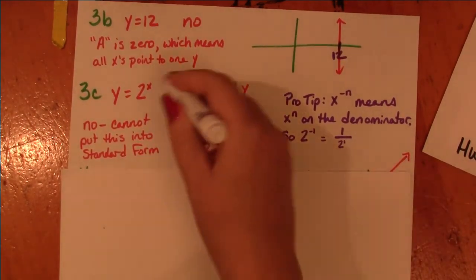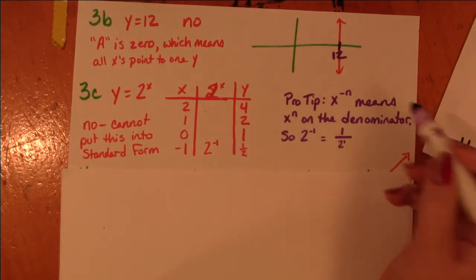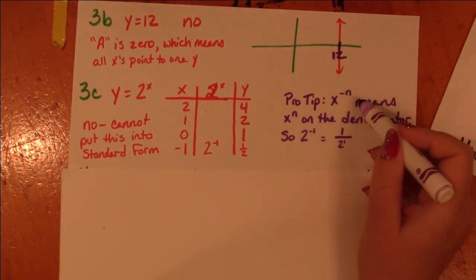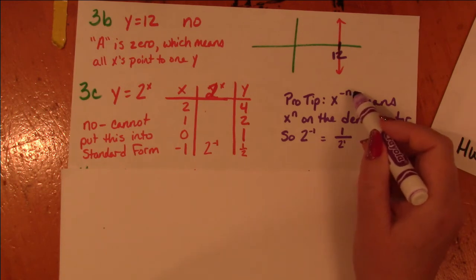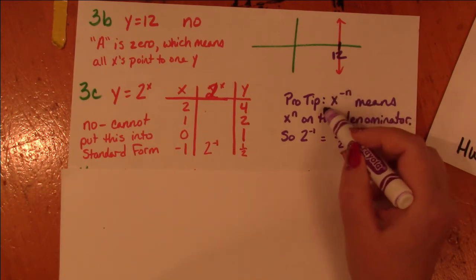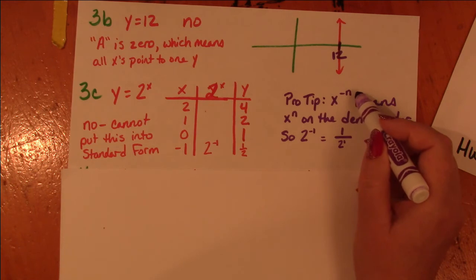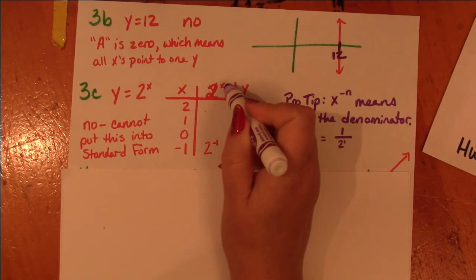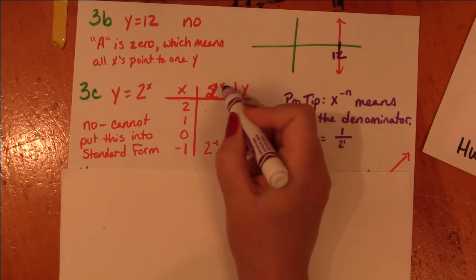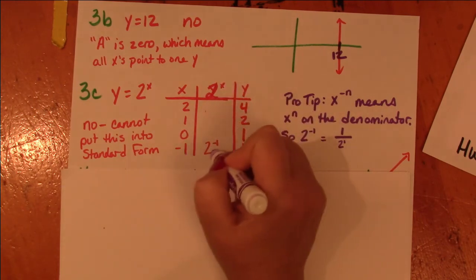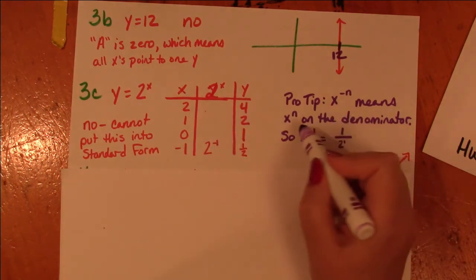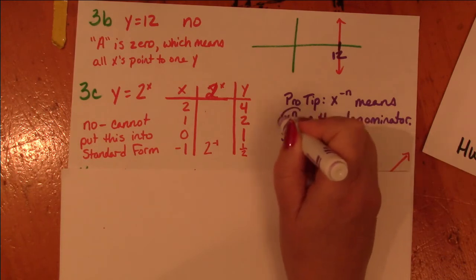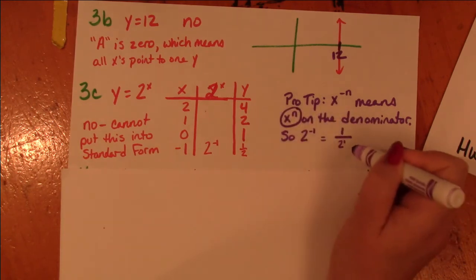Now, for those of you who are interested and want to take it to the next level, if you've got a negative number in your exponent, what that means is this same thing, but on the denominator.